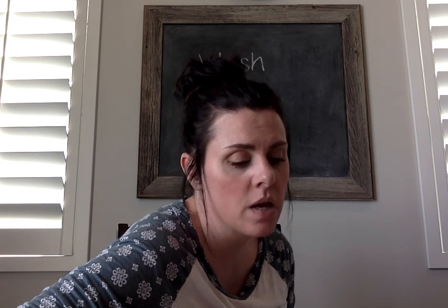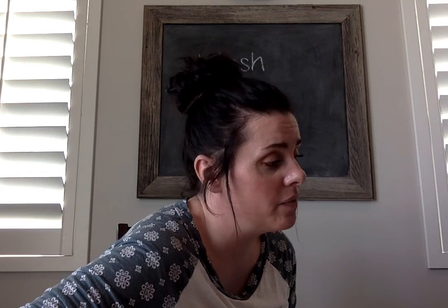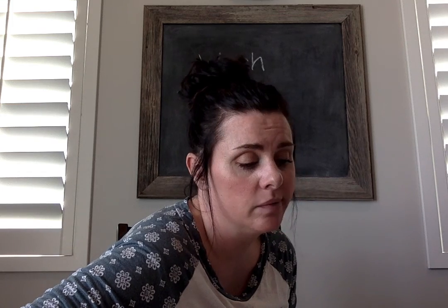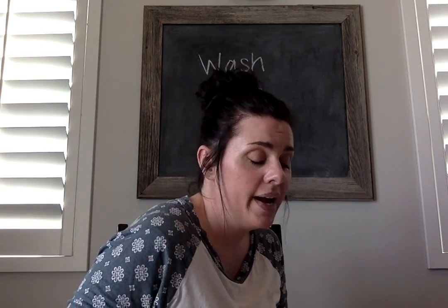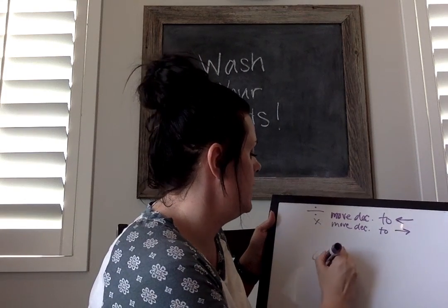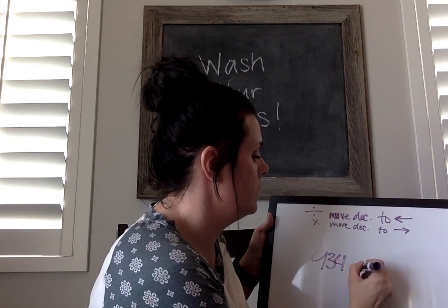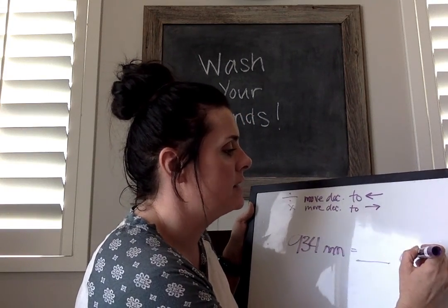What we're going to have to do is convert to one of those. So we have to decide if we want to do it in millimeters or centimeters, and I vote centimeters. We're going to change the 934 millimeters to centimeters. So we have 934 millimeters, and we want that to be equal to how many centimeters?